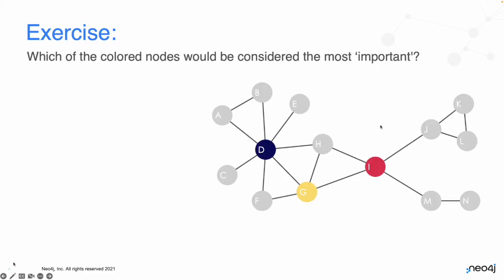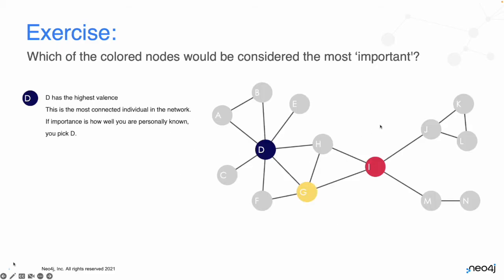So Stefan started walking through, D has the highest valence, so this is the most connected individual. With these graph platforms, you can figure out who are the D's in our network, who are these highest valence people.